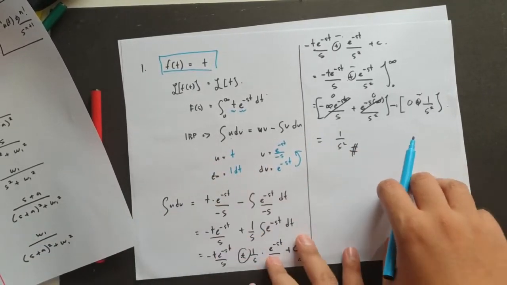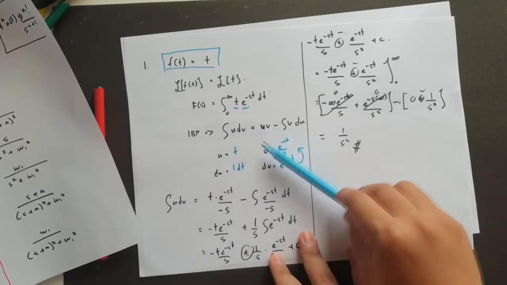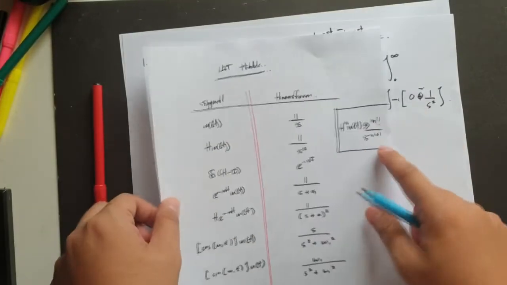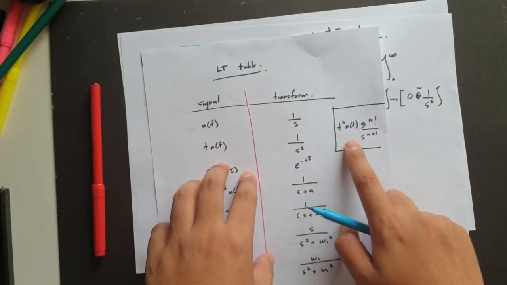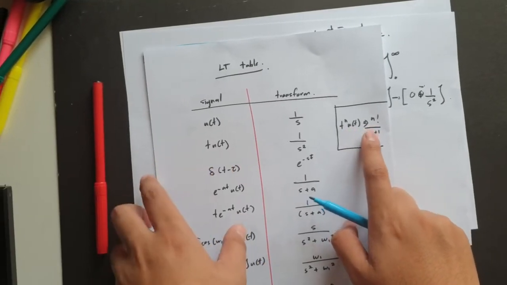I just want you to practice the integration by parts, how to use it and how to implement it. Actually, in the Laplace transform table, we already have the function t·u(t).